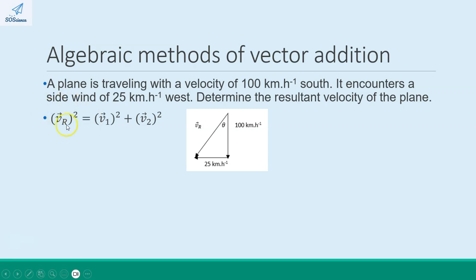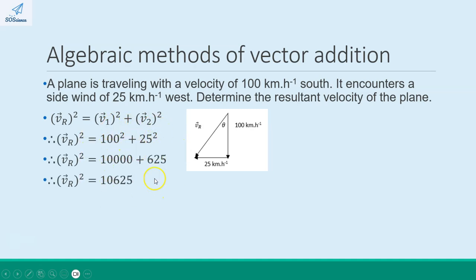So the resultant velocity squared equals V1 squared plus V2 squared, which is 100 squared plus 25 squared, which eventually gives us an answer of 103.08 kilometers per hour. That is the magnitude of the resultant vector.